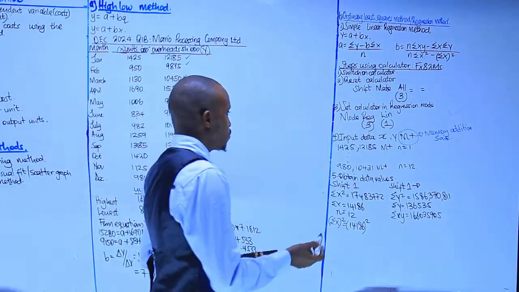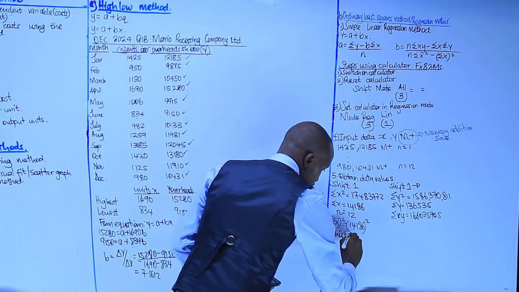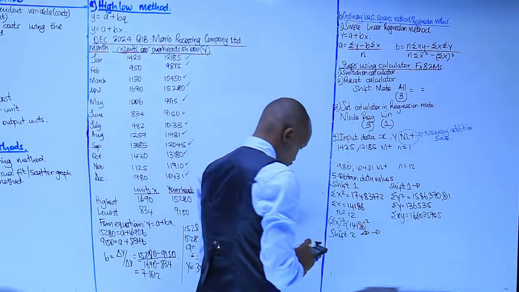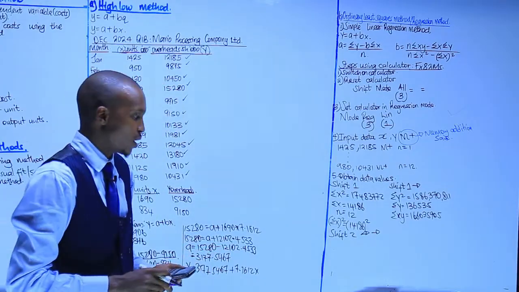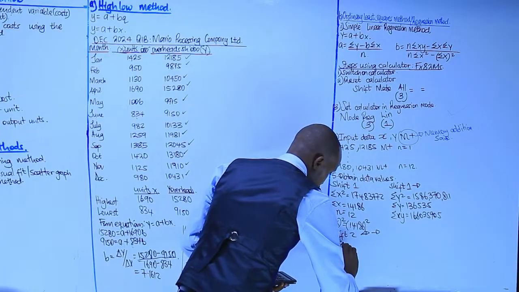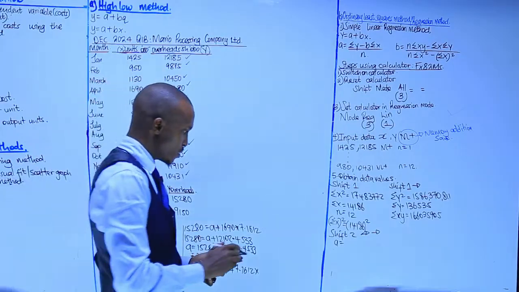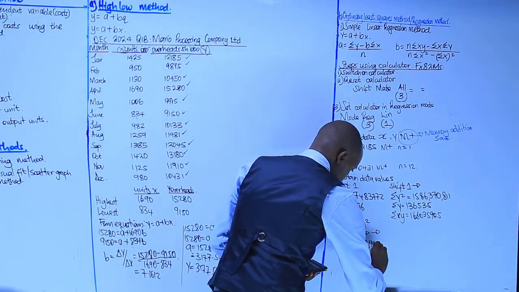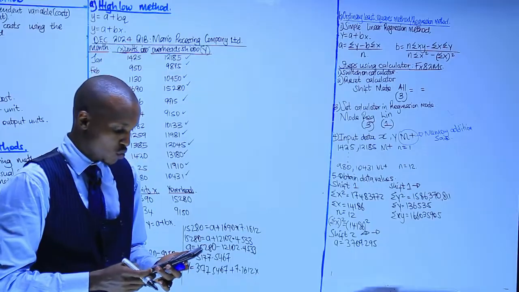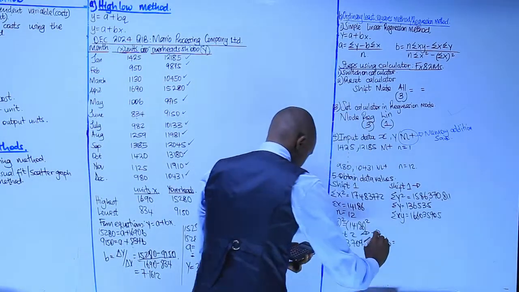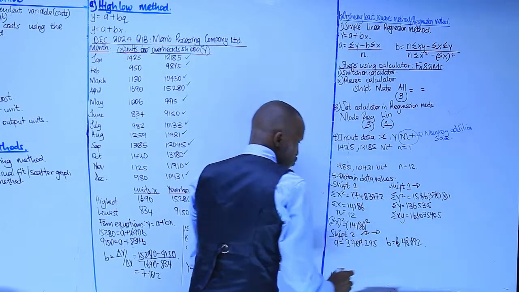Now to obtain our values of a and b, we can simply use shift 2 and move with the direction key twice to the right, starting with a. You press the number below that, which is 1, then equals: 3709.295. Shift 2, then b: the number below that is 2, so press 2, then equals: 6.48692.